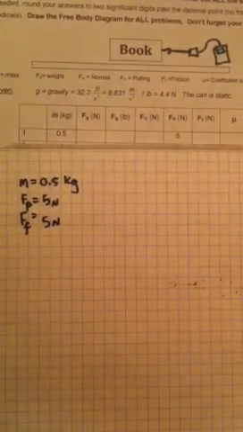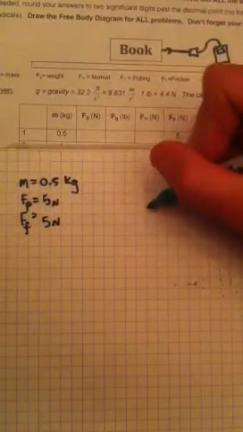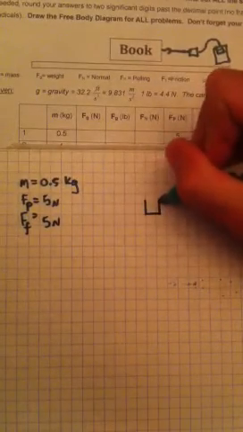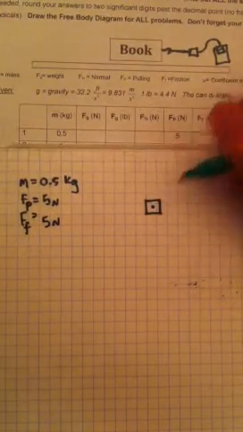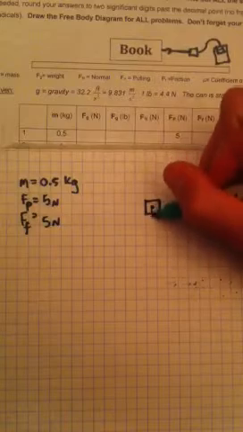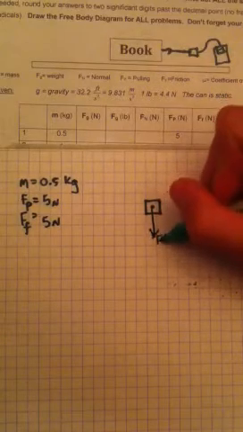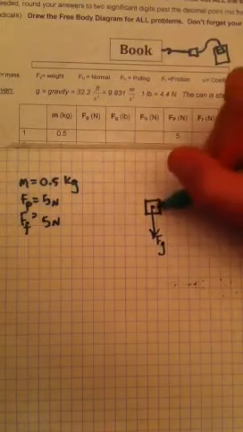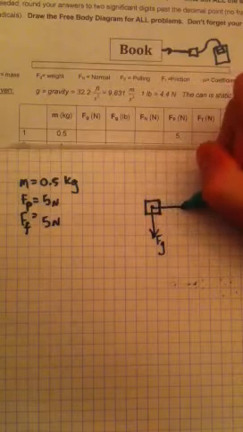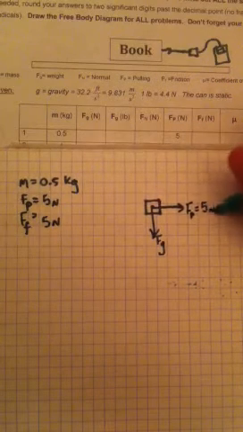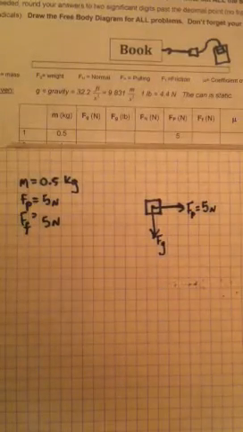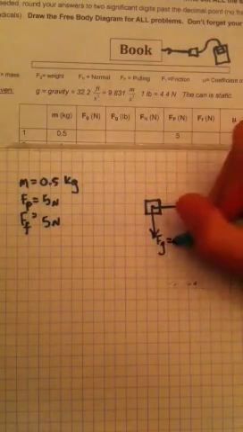So as the instructions state, let's start with drawing a free body diagram. Here is our object, whatever it is, drawn as a square box. At our center of mass, we have the force of gravity pulling down, and they tell us that we are pulling this way with a force of 5 newtons. So first thing we're going to do, calculate the force of gravity.